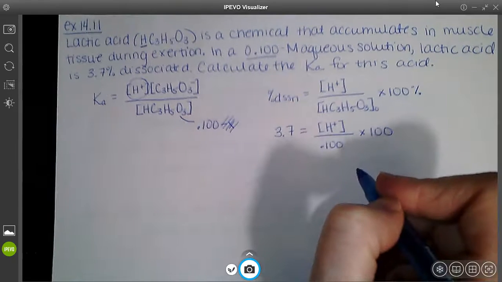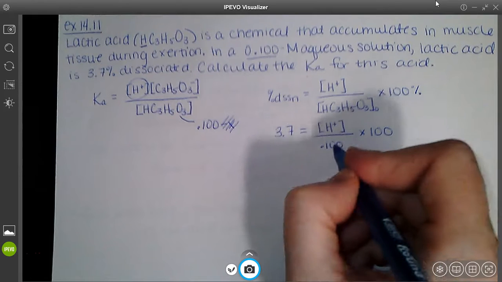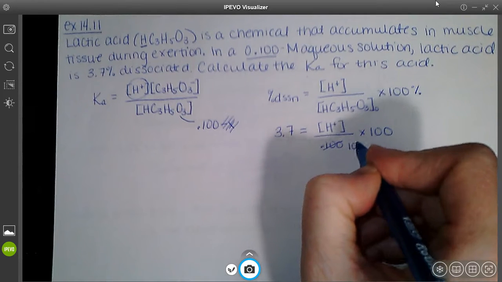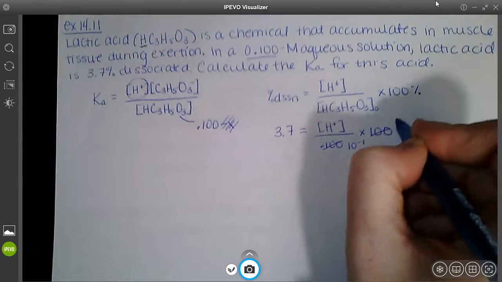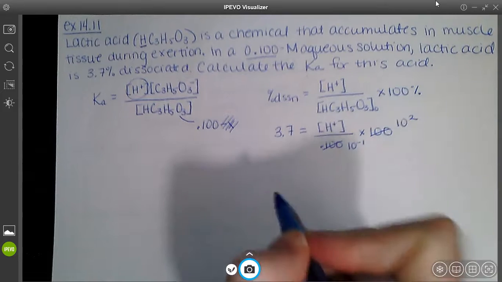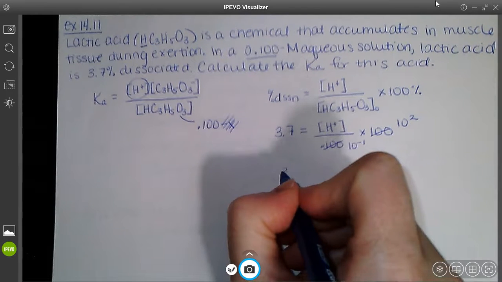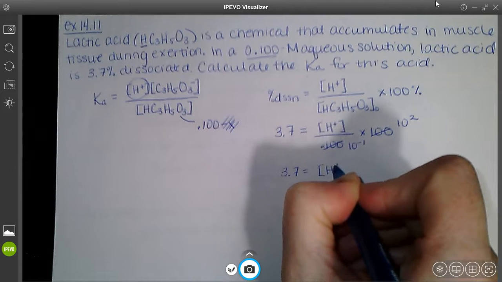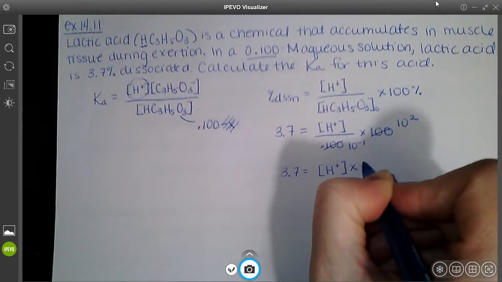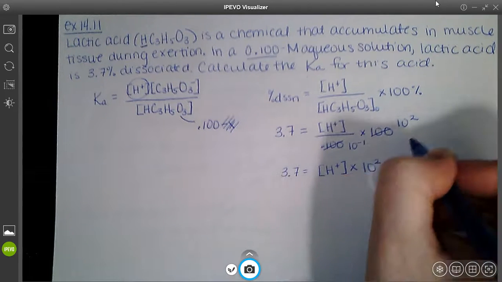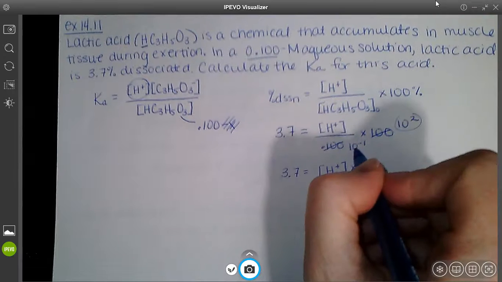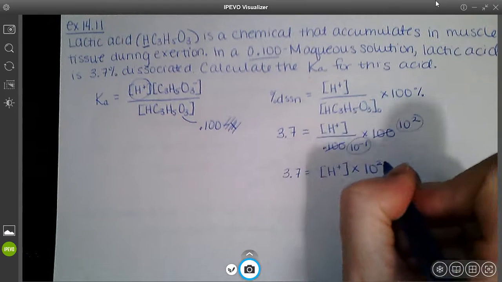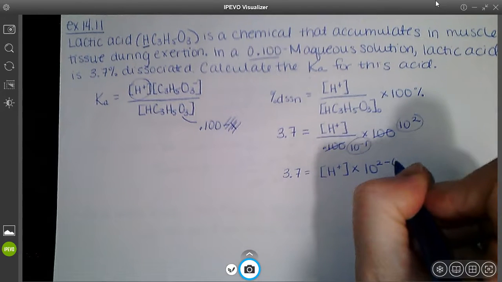If I rewrite this with my tens, this becomes 10 to the negative 1. This becomes 10 to the second. So this is 3.7 equals H+ times 10 to the second. I'm starting with this on top, and then this is on the bottom, so it's minus, because this is dividing, negative 1.